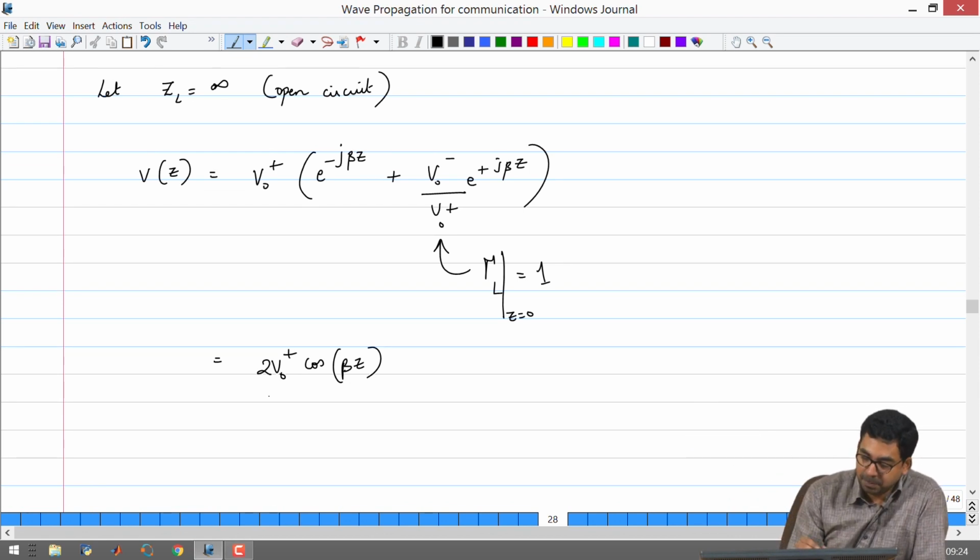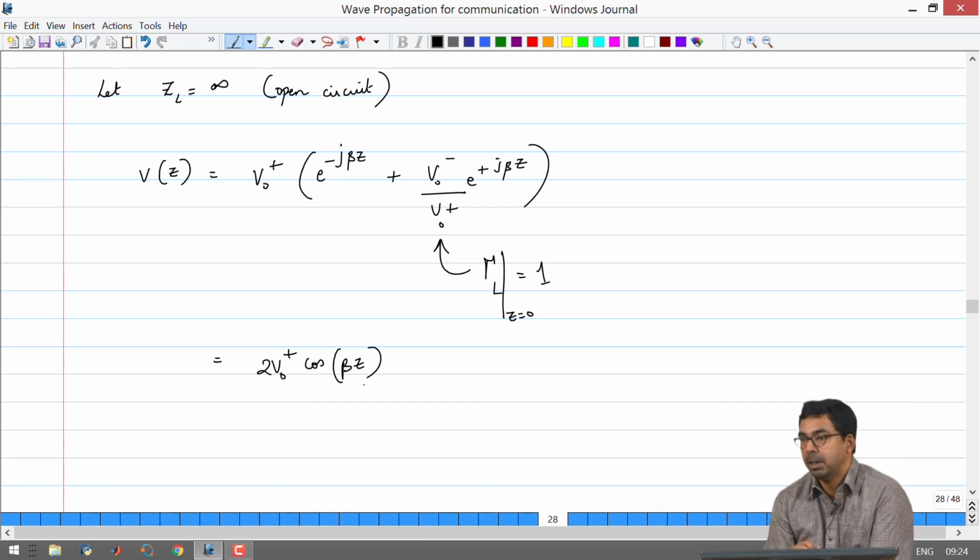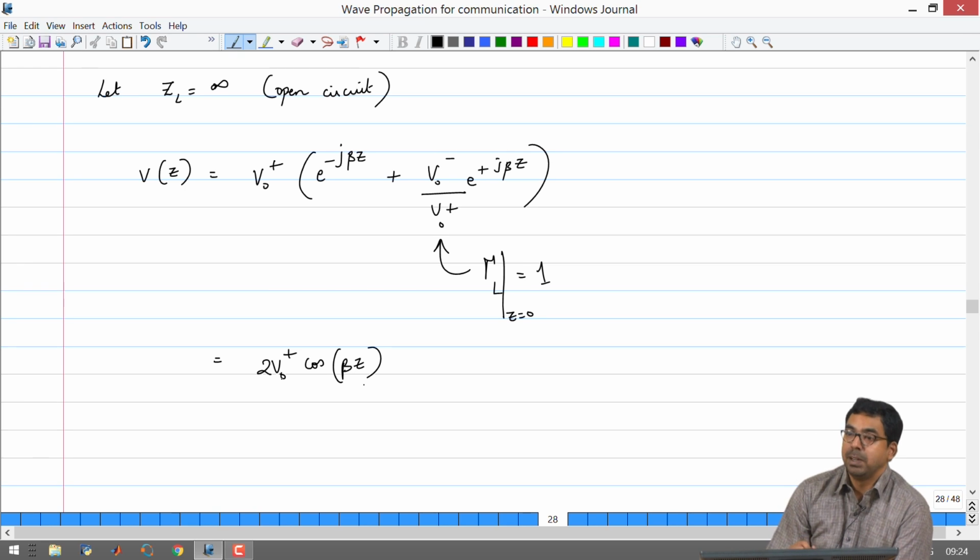It also means that there are values of z where the voltage in the transmission line is going to be 2 times your forward voltage reaching the load end. So the maximum rated voltage for a transmission line should always be considered based on the superposition of your forward and backward travelling waves. The peak voltage at specific positions in the transmission line can be double.